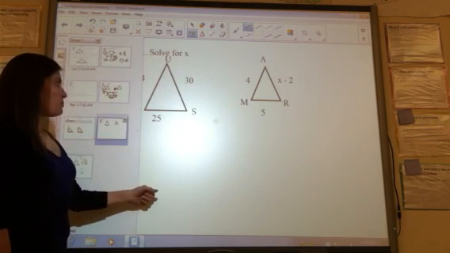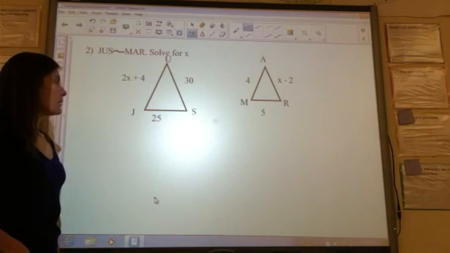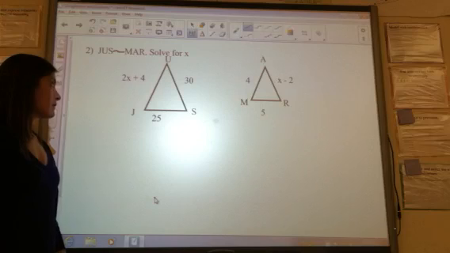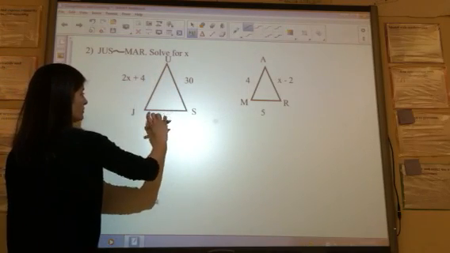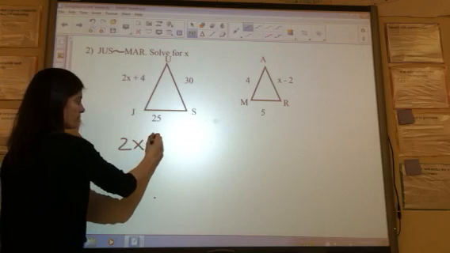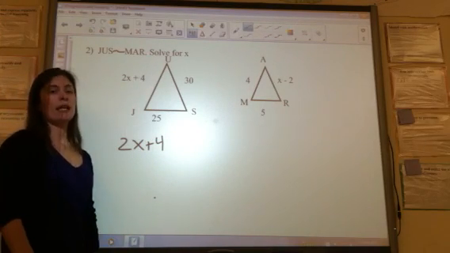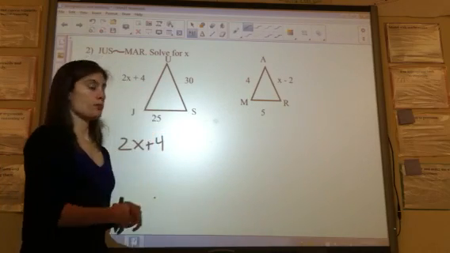And then a problem with, this is now a similar figure. So in this case, we have lots of information, and our goal is to solve for x. So I'm just going to use the JU, and the reason I'm going to use JU is because it's a binomial, it's an expression, and in this case, because it's a binomial, there's a trick with making sure you put parentheses.